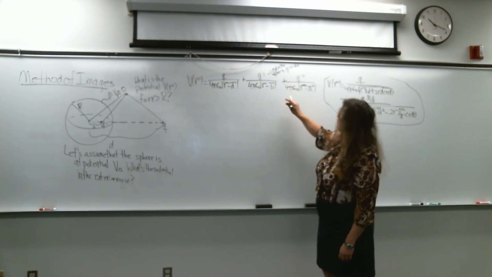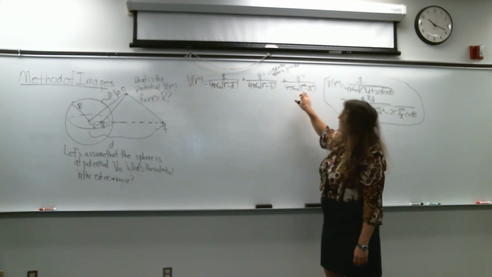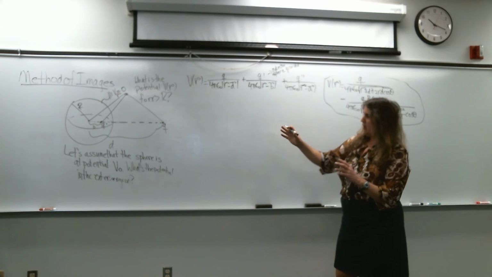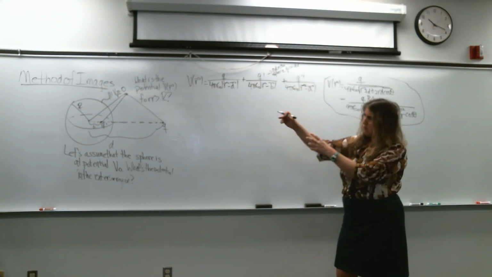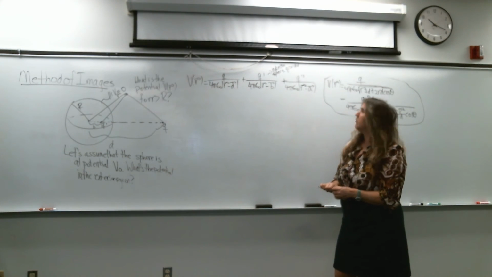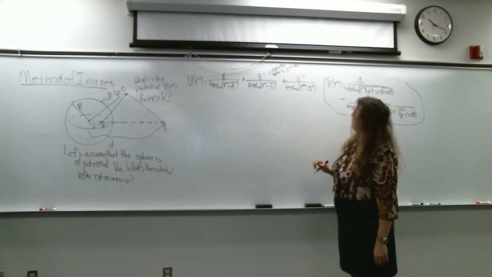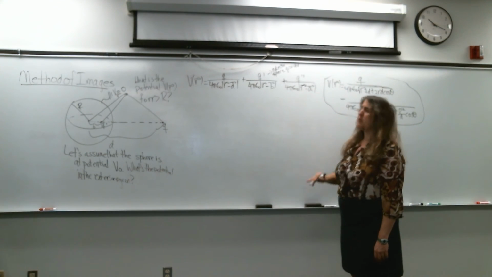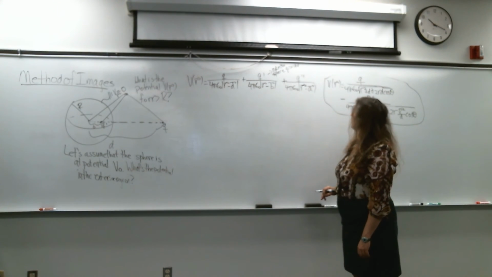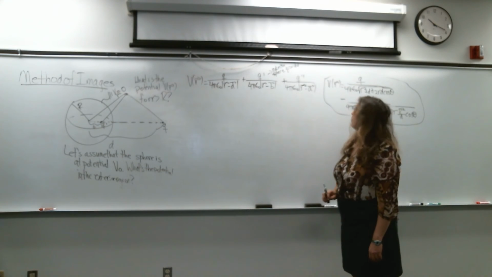By my superposition principle, my sphere is grounded initially, so that's one part of it, and now my sphere has potential V naught. So notice I've written Q double prime, and we're writing it most generally as R minus a. We need to reason out where this charge is going to be.